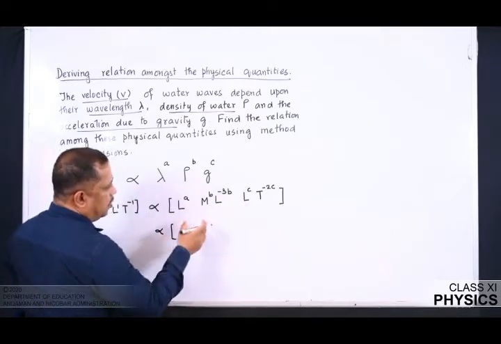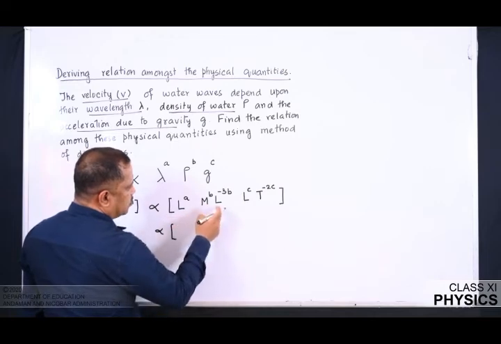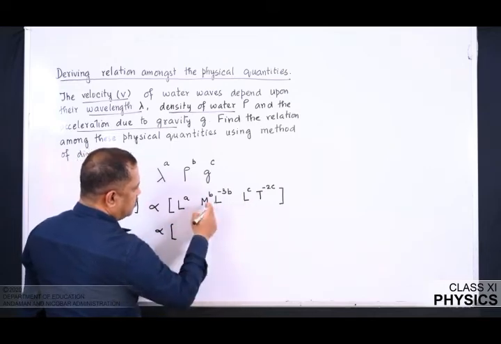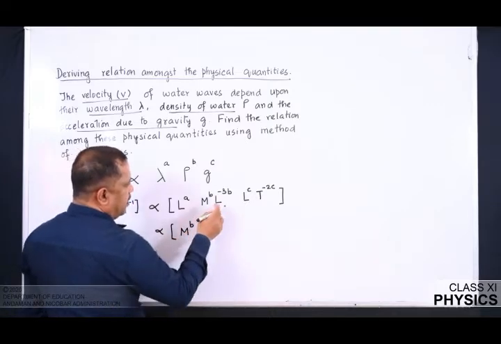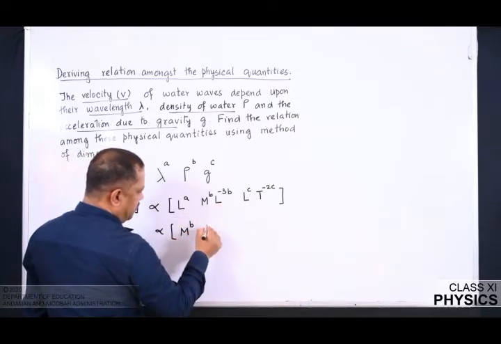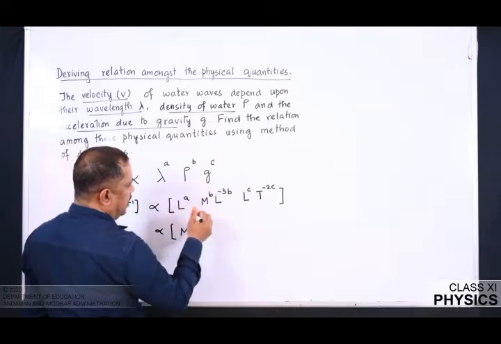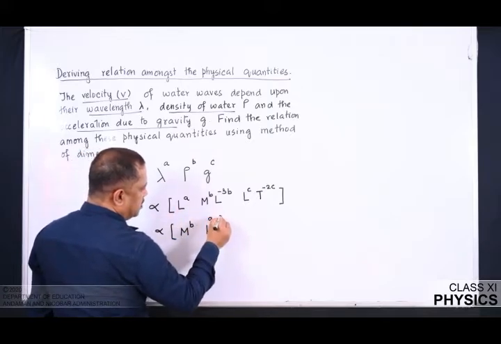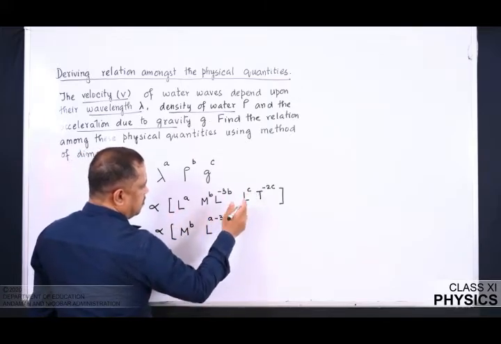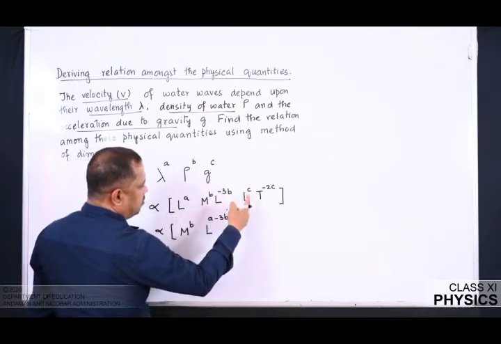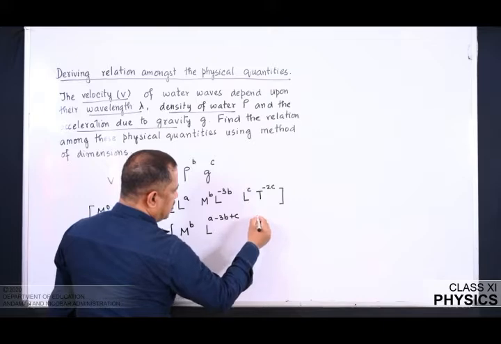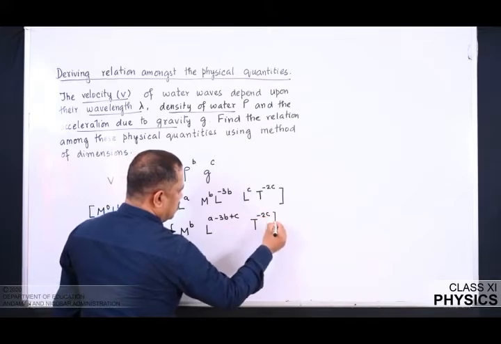Now, if I assemble all the L at one place, first let me write M, so I have M power b, and for L I have L power a minus 3b plus c, and T power minus 2c.